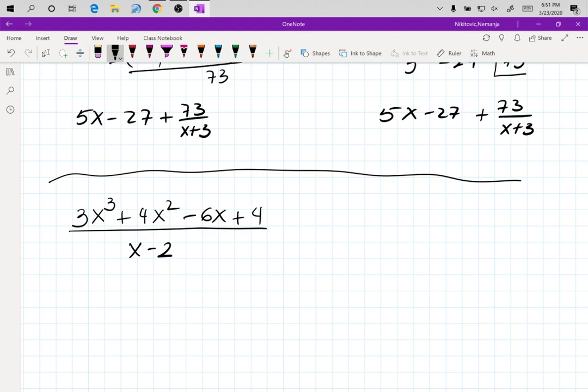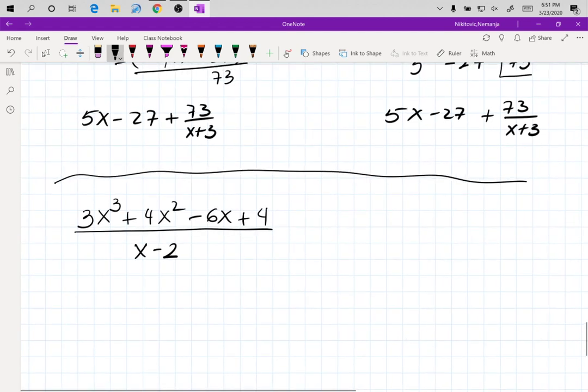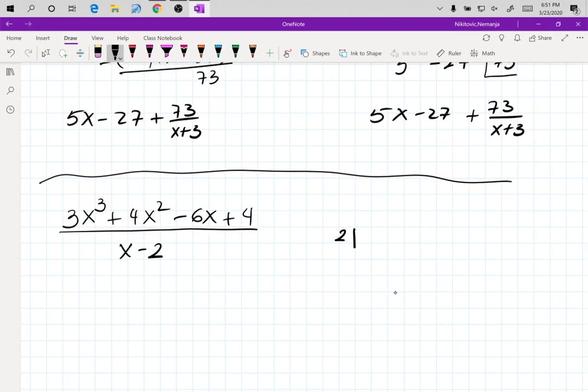So to set this up, we use the opposite, which is positive 2, and we write coefficients as they are in the problem. 3, 4, negative 6, and 4. So those are my coefficients.